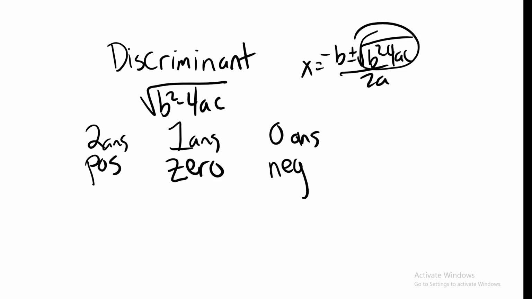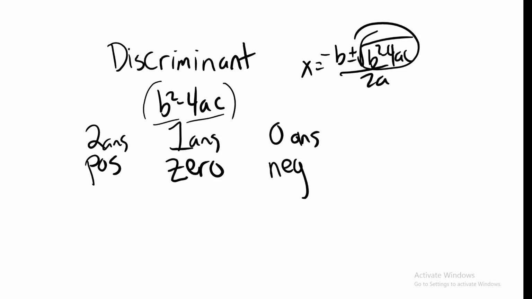So for the last 3 questions on the homework, it's going to ask you the things about the discriminant and whether or not there's 1, 2, or 0 answers. And all you have to do is evaluate b squared minus 4ac. Sorry, for the discriminant, you actually don't even need the square root, because it's really, is this b squared minus 4ac thing positive, 0, or negative?